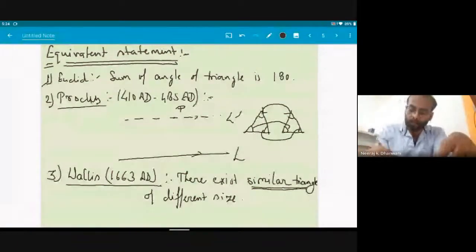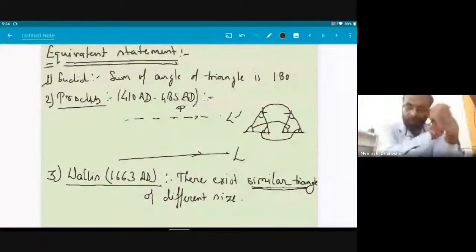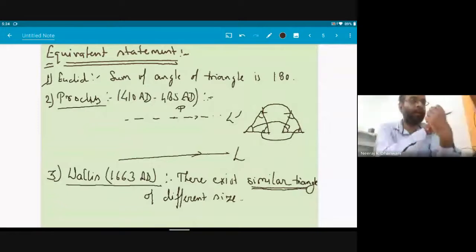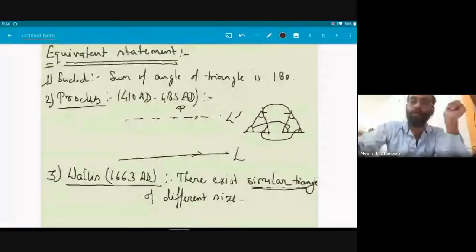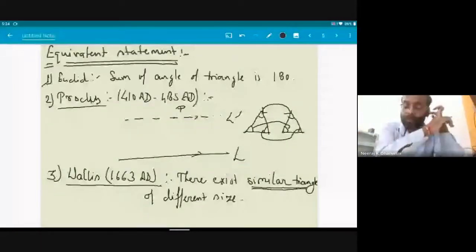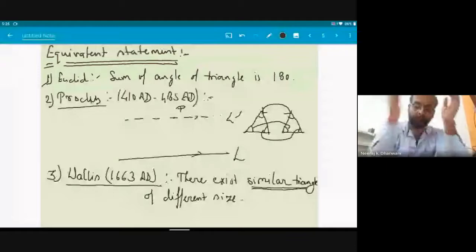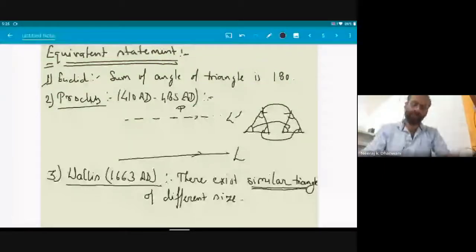Now, it may not be easy, but it is an interesting exercise to see that these statements are actually equivalent, or that there are more statements equivalent to this, which many mathematicians gave at different time periods. But these are the three which we generally study up to the 12th class of high school mathematics.